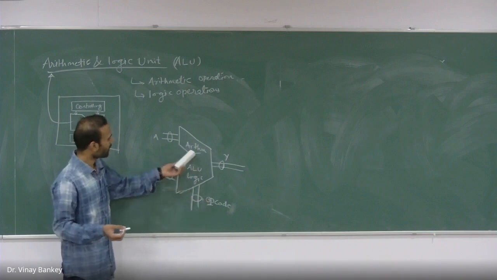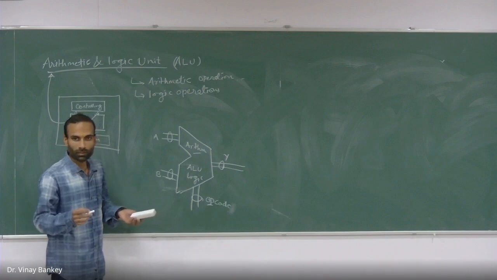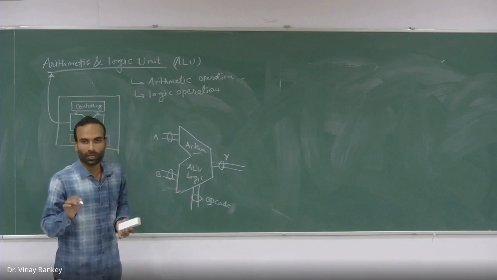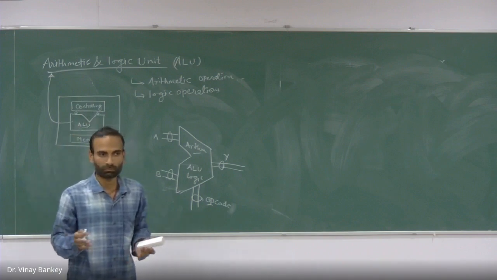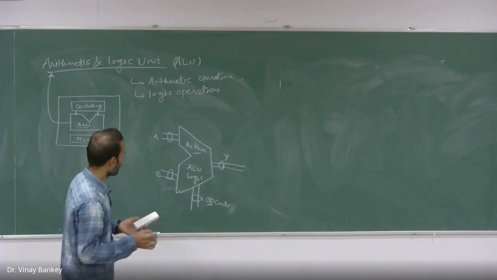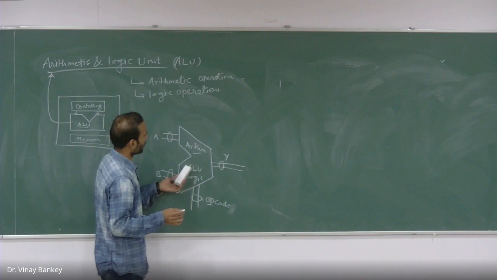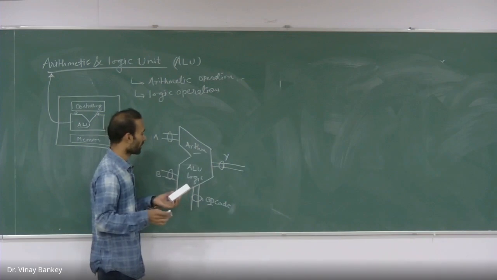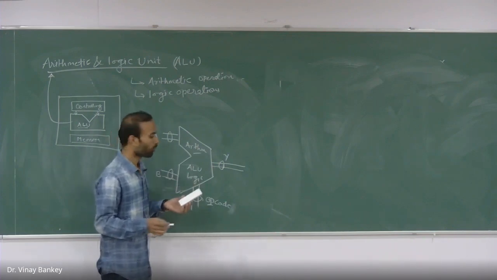For arithmetic, there should be one adder circuit. The adder can perform addition, subtraction, and multiplication also. So this ALU will comprise two combinational circuits: a full adder, or we can say parallel adder, and one or more multiplexers.